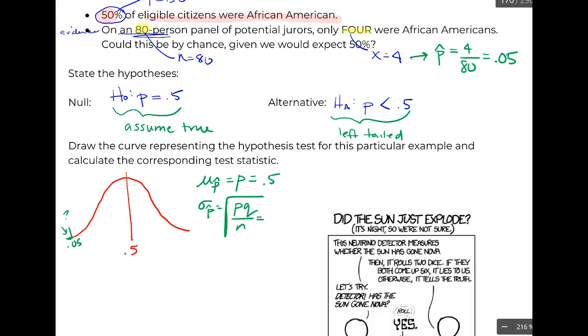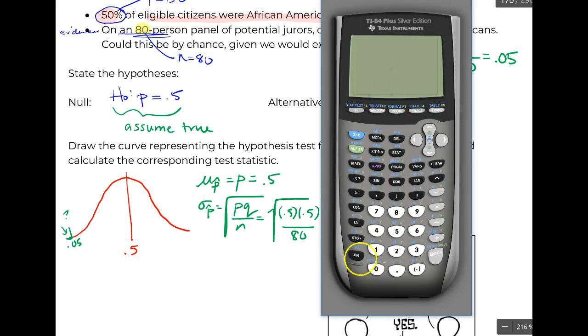Again, we're assuming that real p is 50%, so we could find this. All over 80. So the square root of 0.5 times 0.5 over 80 is 0.0559.